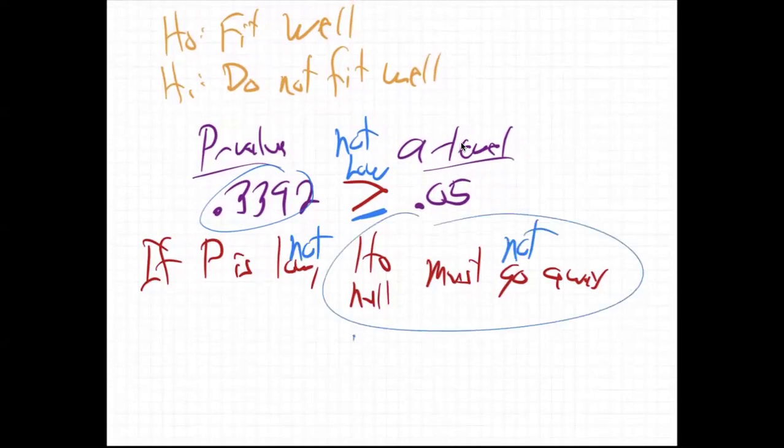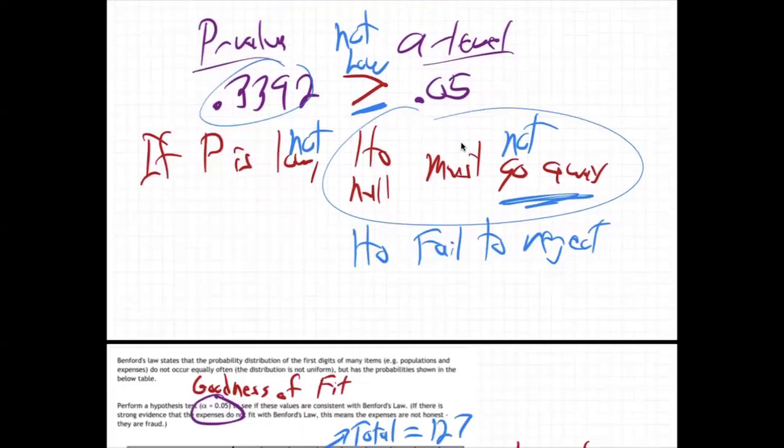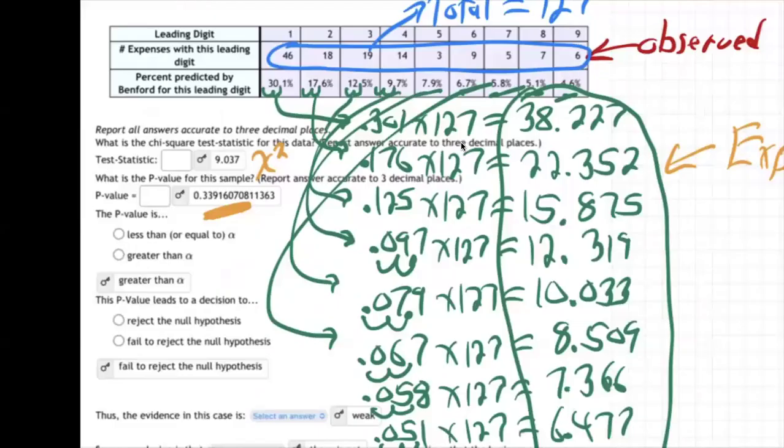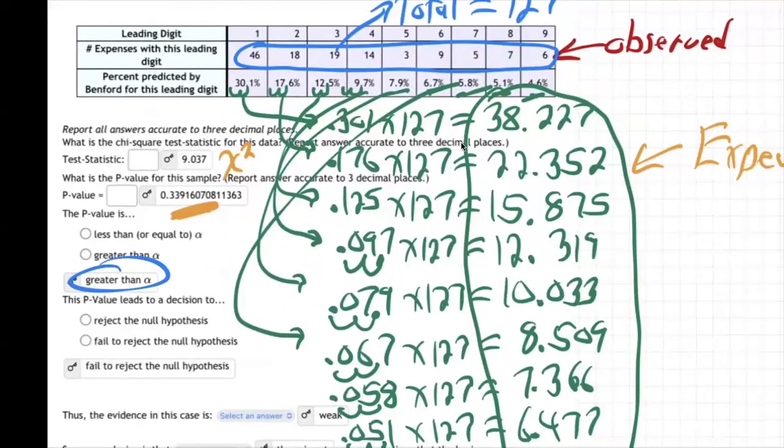So we're going to fail to reject, right? We're not going to reject the H0. We're keeping H0. All right, so coming on down here, the p-value is greater than the alpha level.